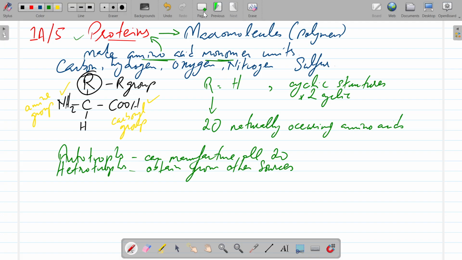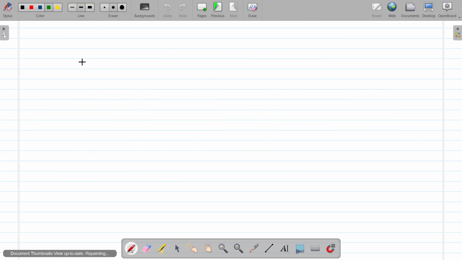I'll mention that, not just yet. In carbohydrates you had monomers of monosaccharides linking up together to form polysaccharides. Lipids were different because you had two different molecules joining up, glycerol and fatty acids, to form the lipids. In proteins, again, it is technically the same monomer units. The R group is different, but you've got amino acids joining up to form protein.